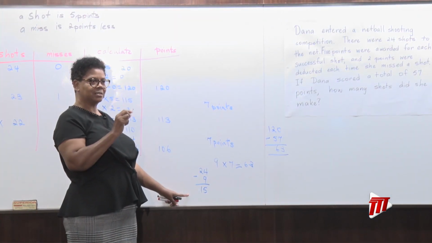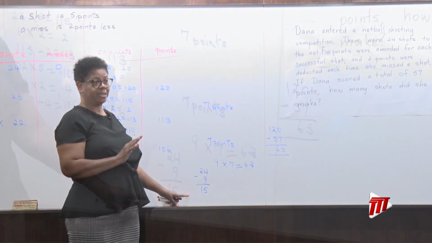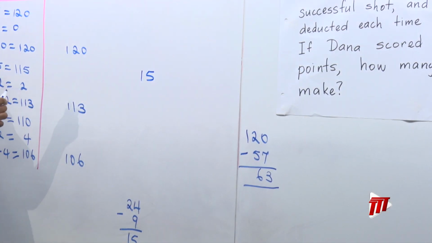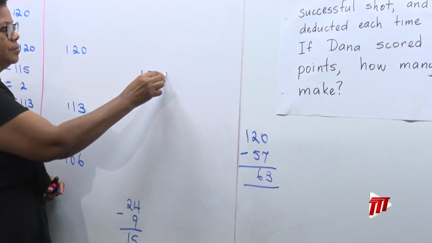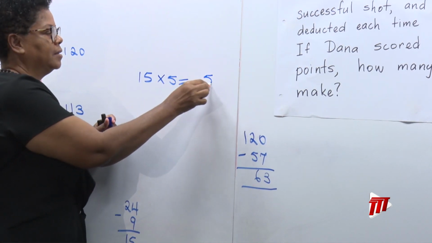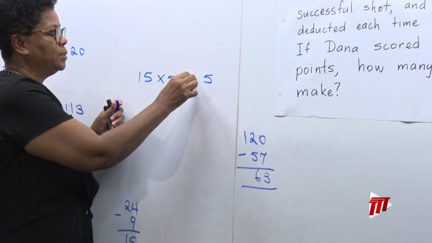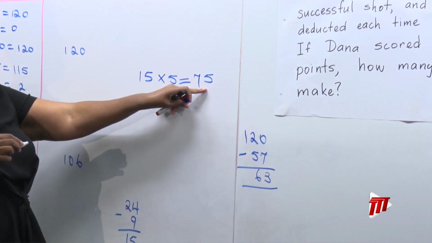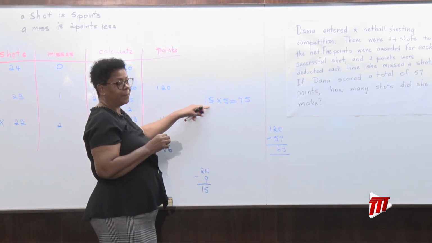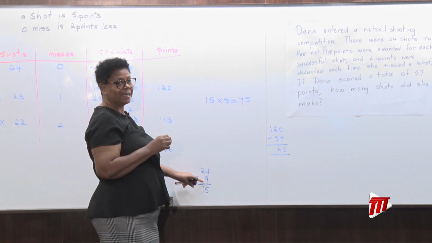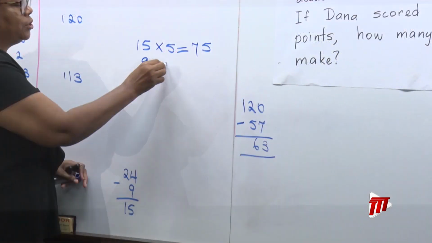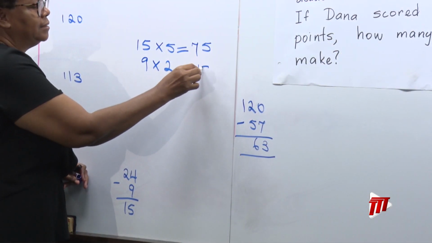But we're not going to stop there. We're going to check to see if we are correct. 15 multiplied by 5, 5 5s are 25, 5 1s are 5, and 1 and 2 is 7. So she would have scored 75 for shooting 15 shots. But it meant that she would have missed 9 shots. So 9 multiplied by 2 would have been 18.